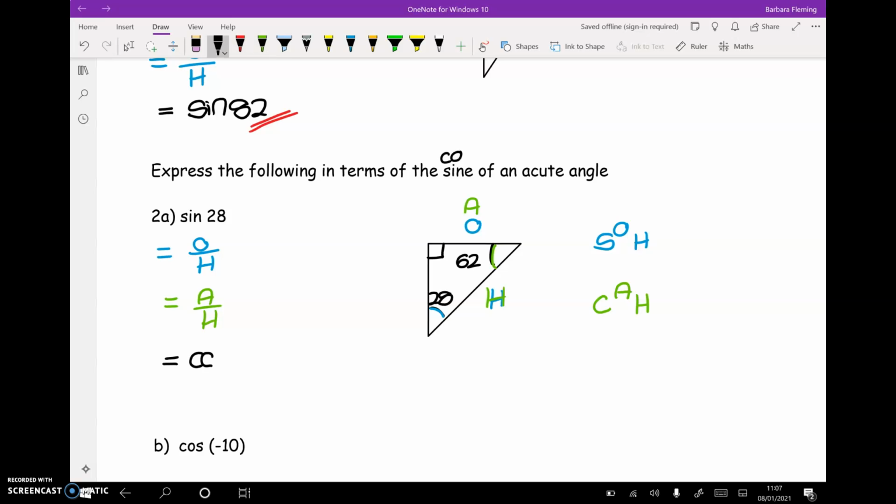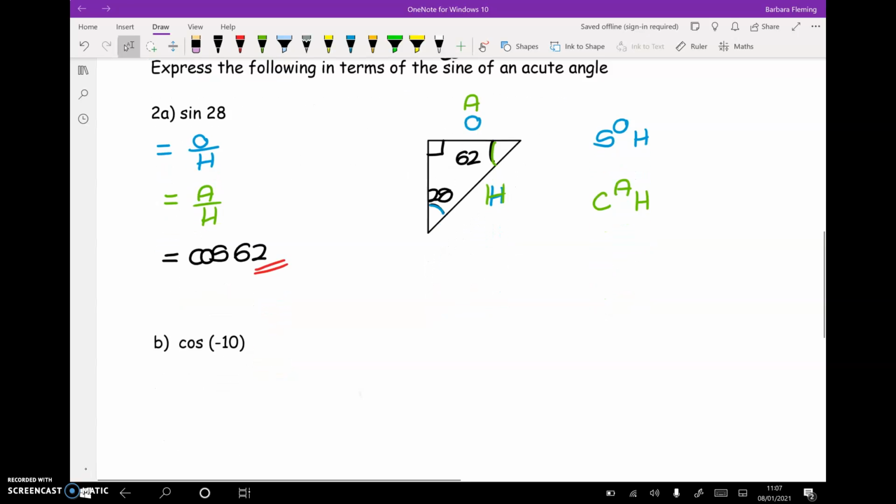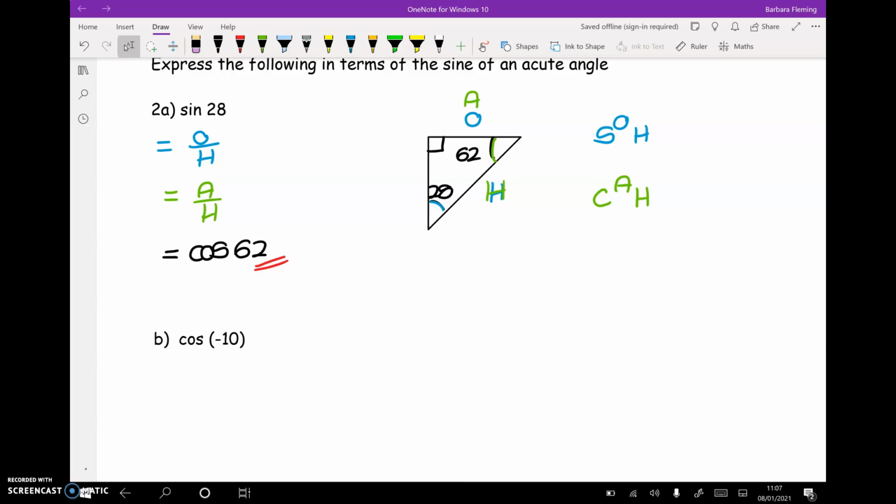So that is equivalent to cos of 62. Type it into your calculator and check. Sine 28 equals 0.469. Cos 62, 0.469. Good.